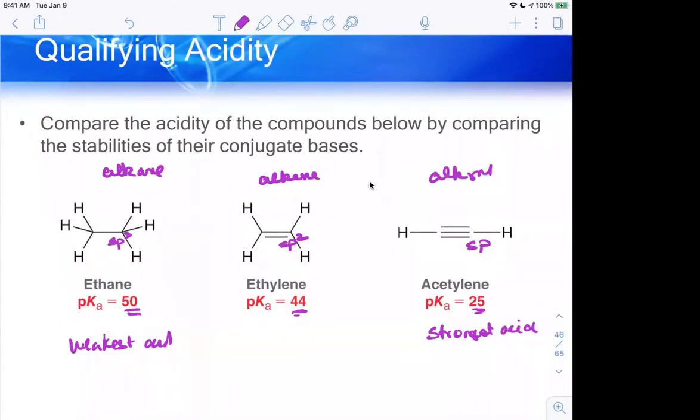I need very, very strong bases, even in this case. But when I compare the orbitals themselves, the alkane in an sp3 orbital, when that proton leaves, that is going to be least stabilized, which is the weakest acid.